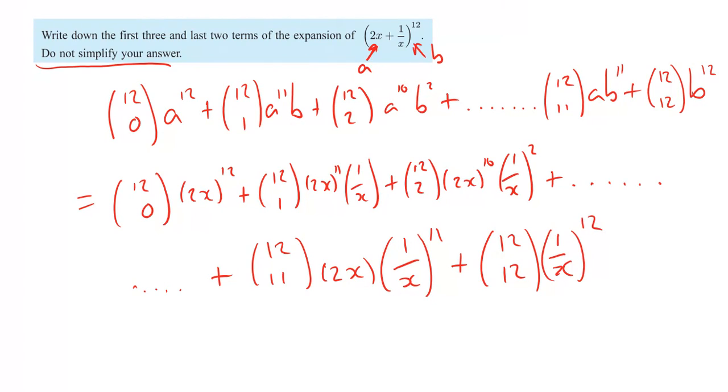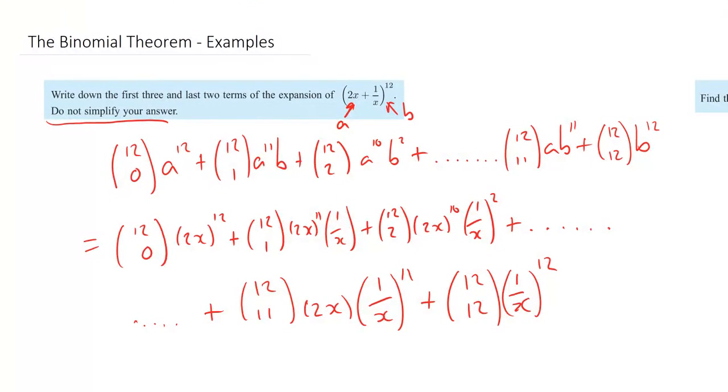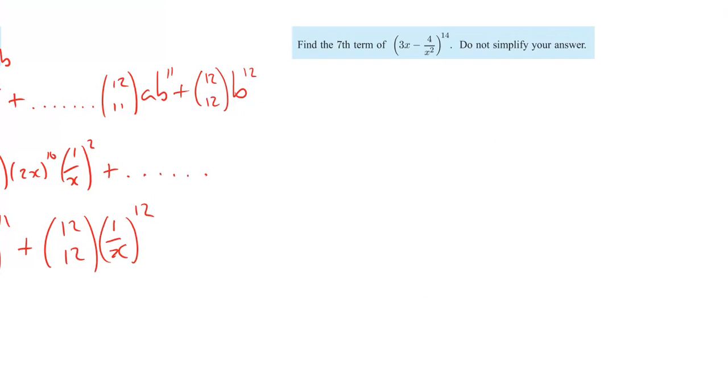And when they said do not simplify, that's how we're asked to leave our answer. We're not going to go and find those values at all. That is it. Okay, on to the next example.